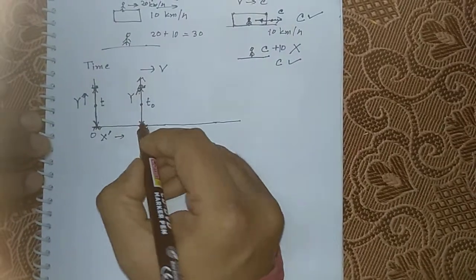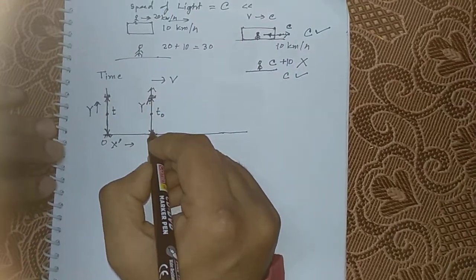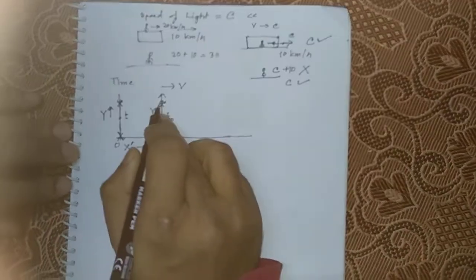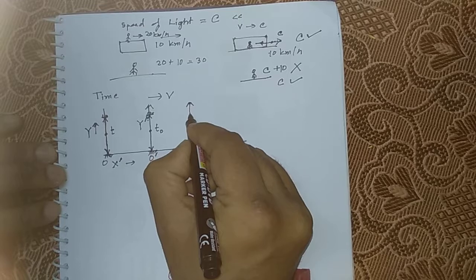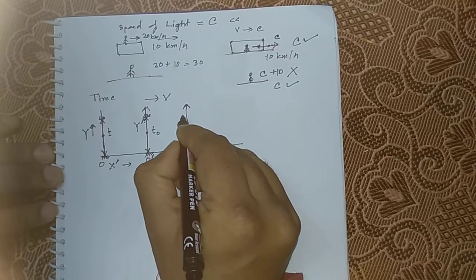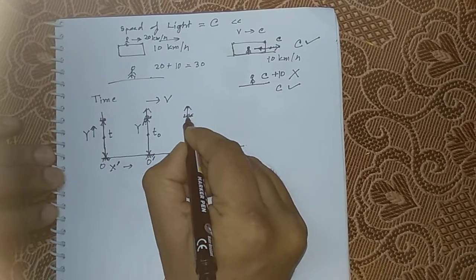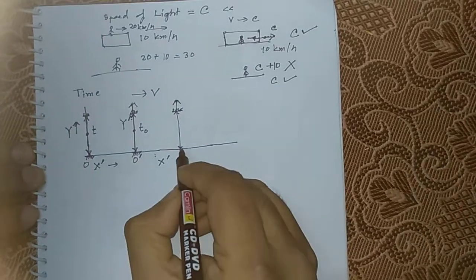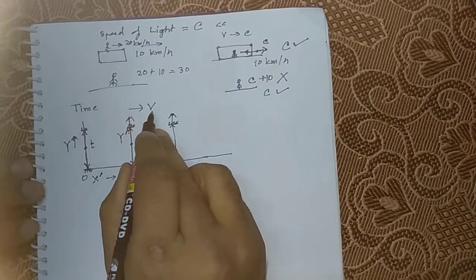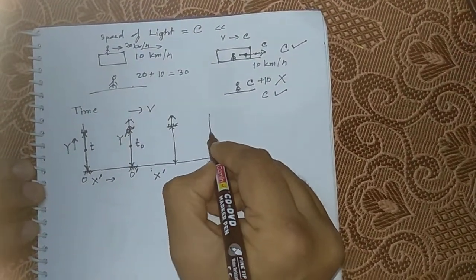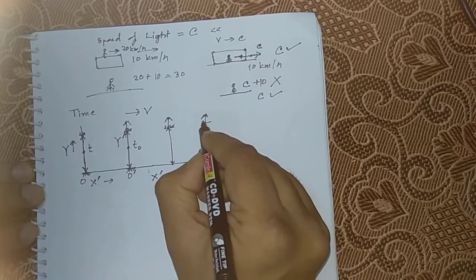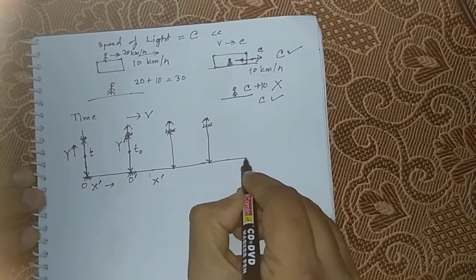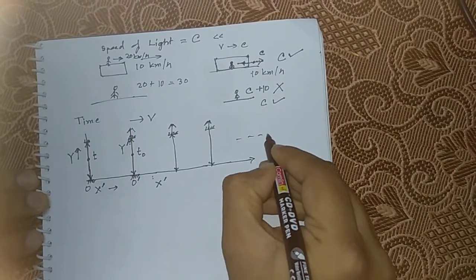Since this frame is moving, after some interval it will have traveled here, with the mirror here, moving in that direction with velocity v. Again we have a mirror here and it bounces like this and so on.